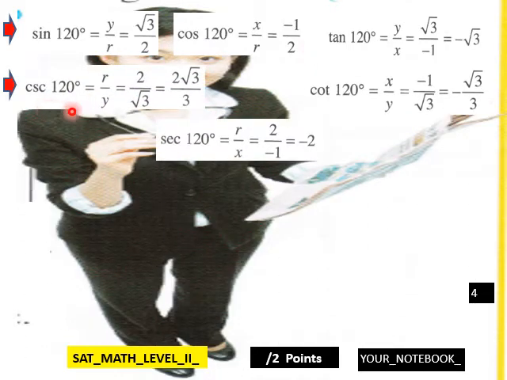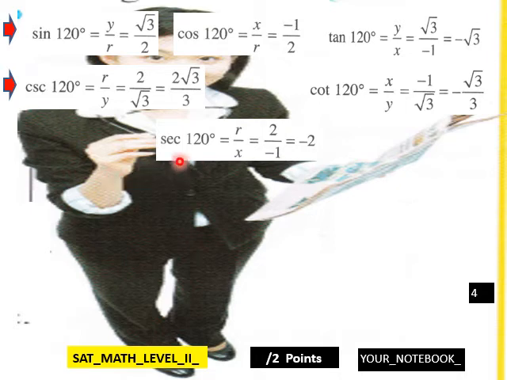Cosecant 120 would be r over y. We flip the fraction and get 2 times the square root of 3 over 3. Cotangent will be the reciprocal of tan, the negative of square root of 3 over 3.